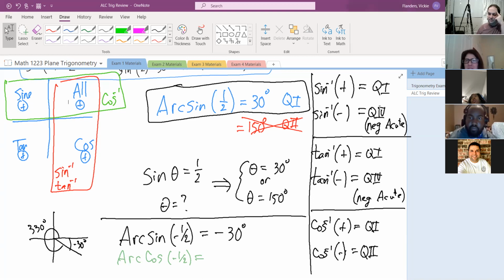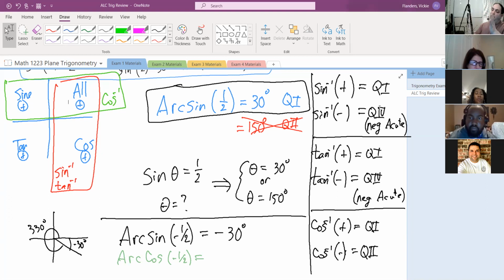Anybody? Which angle has a cosine of 1/2? 30 degrees. No, that's the sine. Okay. It's 60, right?